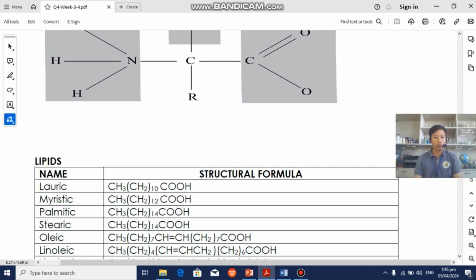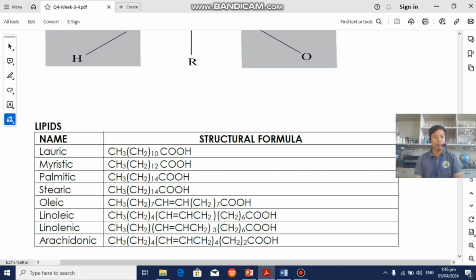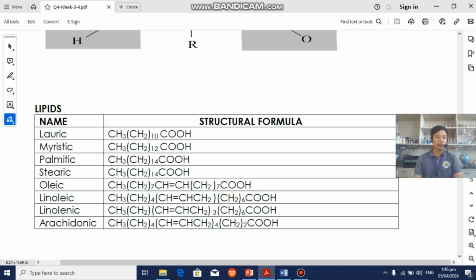Next, we will go to the third essential biomolecule in our body, and it is lipids. These are the different examples of lipids. We have lauric, myristic, palmitic, stearic, oleic, linoleic, linolenic, and also arachidonic.